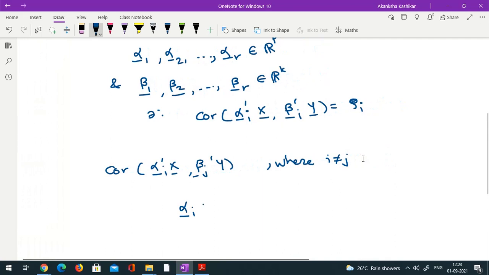Alpha i would be sigma xx raised to minus half nu i, the eigenvector corresponding to the ith largest eigenvalue. Am I right? And beta j would be 1 by gamma j, where gamma was actually the canonical correlation. Am I right? So ideally I should not call this rho then. I should call this gamma.